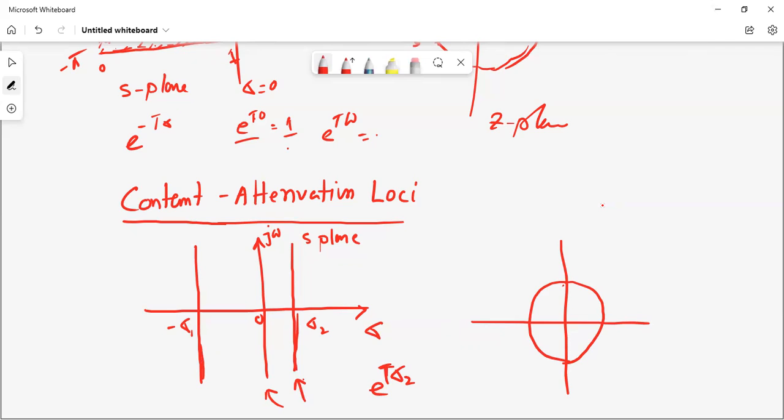Whether it is inside or outside the unit circle depends on which side you are. If you're on the left side, your sigma is negative, then it has to be inside, because the left side is inside the unit circle. So you will have another one here, and the radius of this one will be e to the power tau sigma 1.